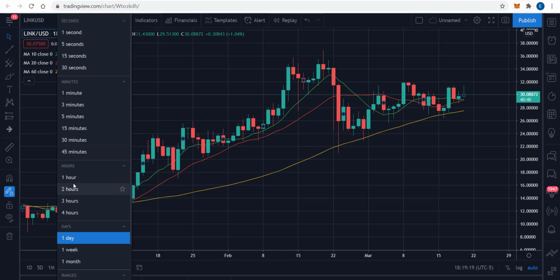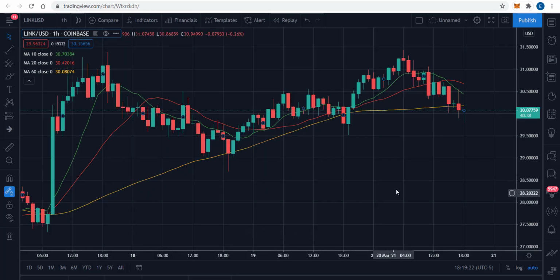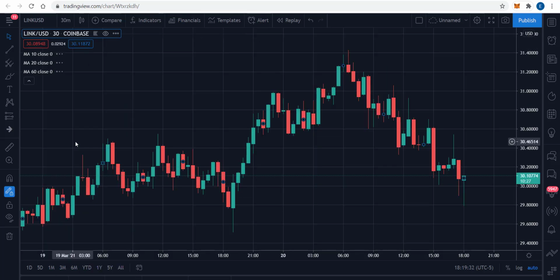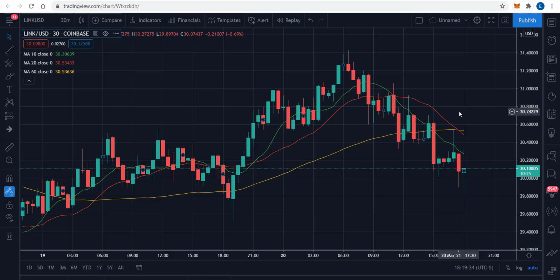So let's take a look at the shorter time frames just to see what's going on. And sure enough, at the shorter time frame, you have the 10 between the 20 and the 60, just as I anticipated. Let's take a look at the 30-minute. So the 30-minute actually is all three in line. With the 30-minute bars, this downward trend has already triggered both the crossover of the 10 and the 20, as well as a crossover of the 60 and 20.